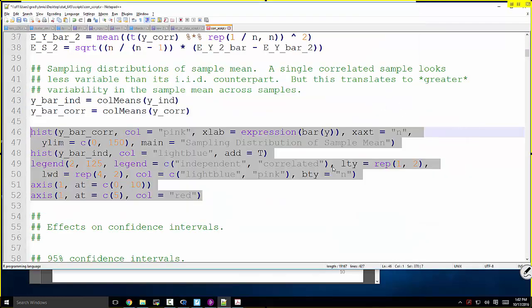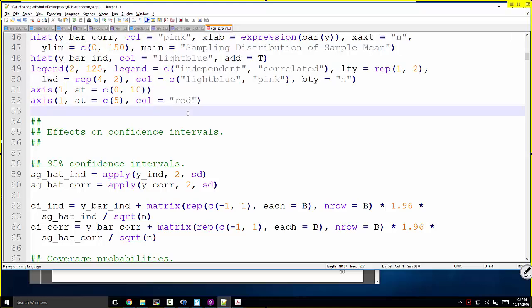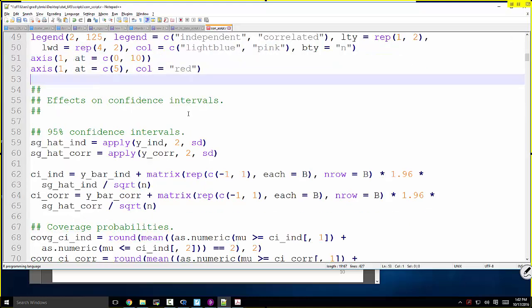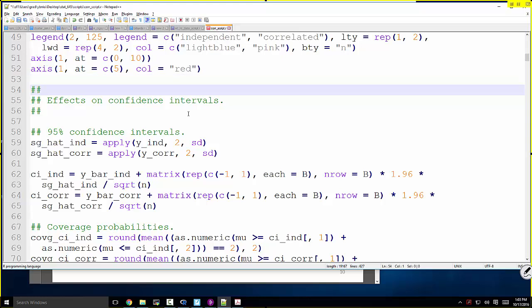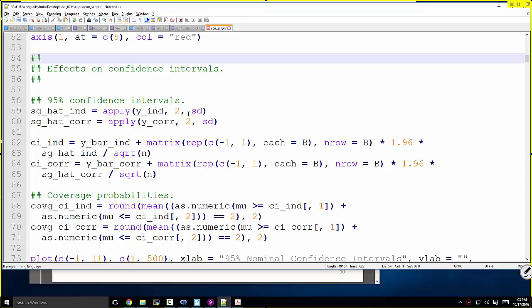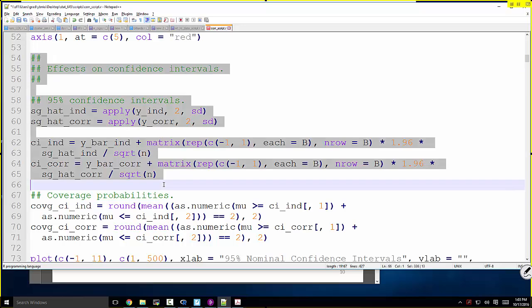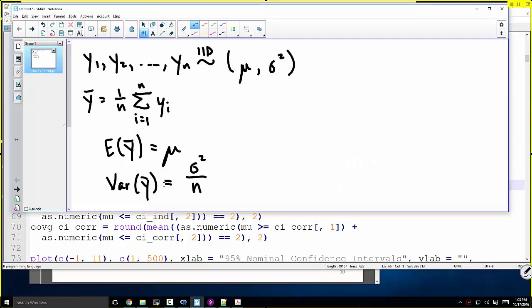So the next batch here in the script investigates confidence intervals. Let's see how this translates to impacts on our inference. For each of the 500 simulated data sets, I am computing nominal 95% confidence intervals. How do you usually compute a confidence interval for a mean?